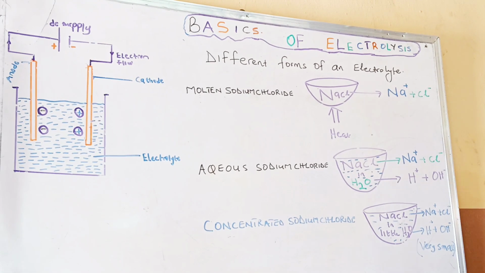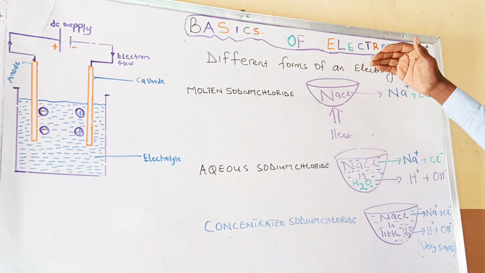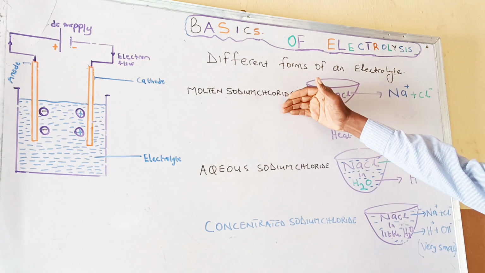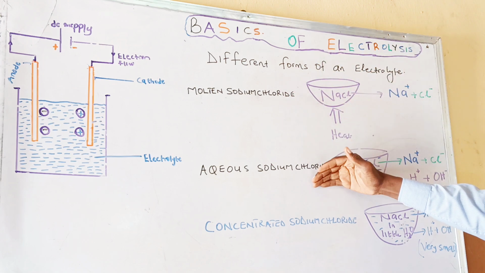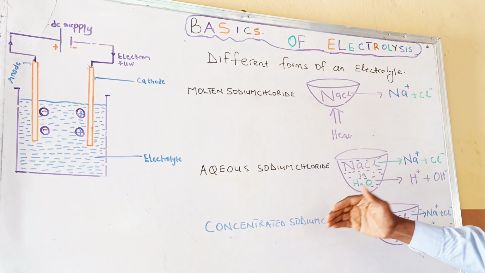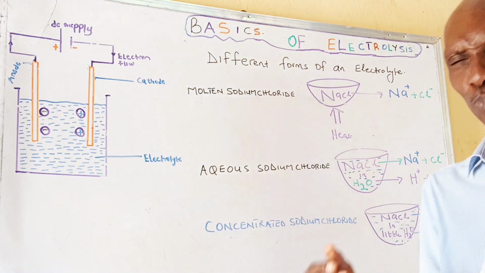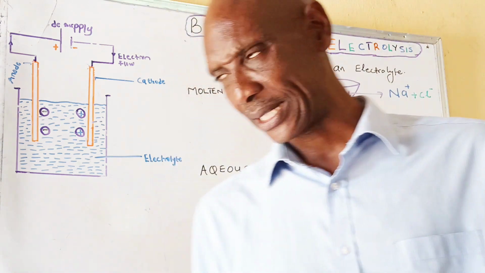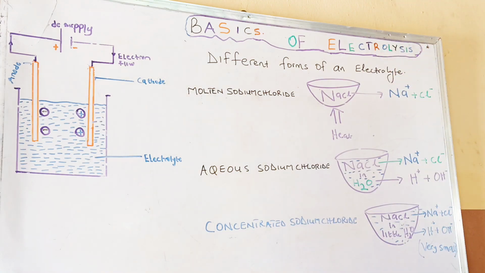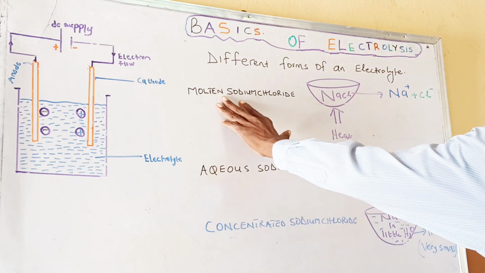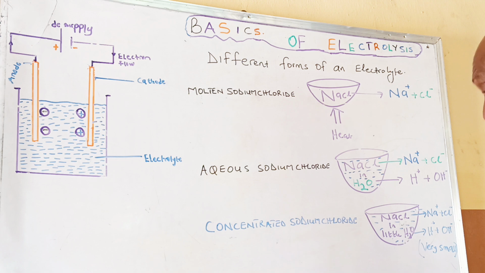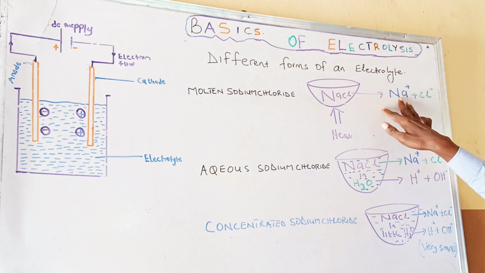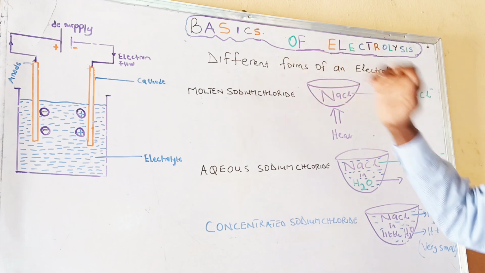Now, when you carry out the electrolysis of a molten form of the electrolyte, the aqueous form of the electrolyte, and the concentrated form of the electrolyte, the product you get is going to be different. In other words, if I carry out the electrolysis of molten sodium chloride, as we shall see later, you're going to find out that what you will get at the anode will be chlorine gas, what you will get at the cathode will be sodium, we shall see that later.